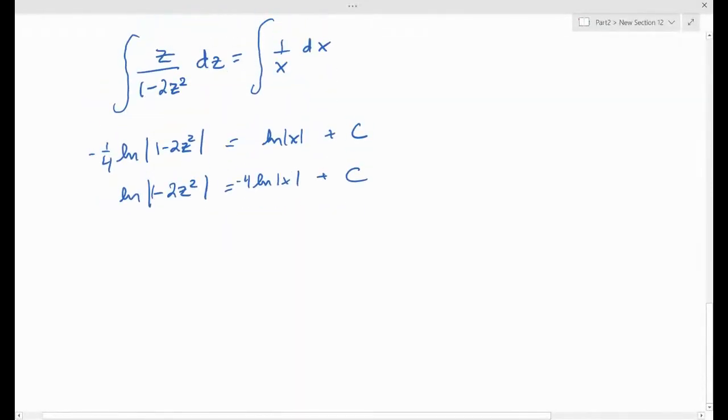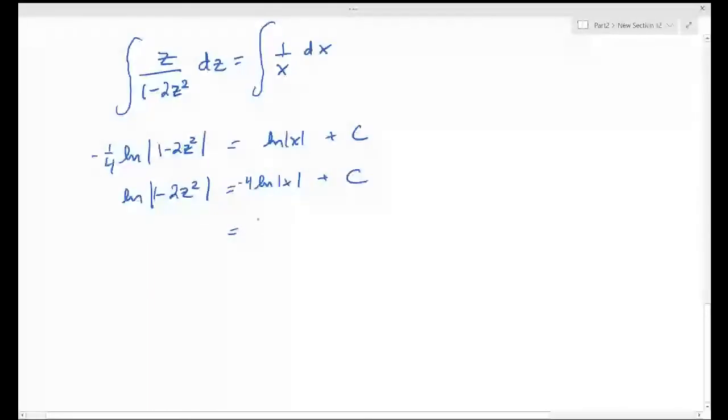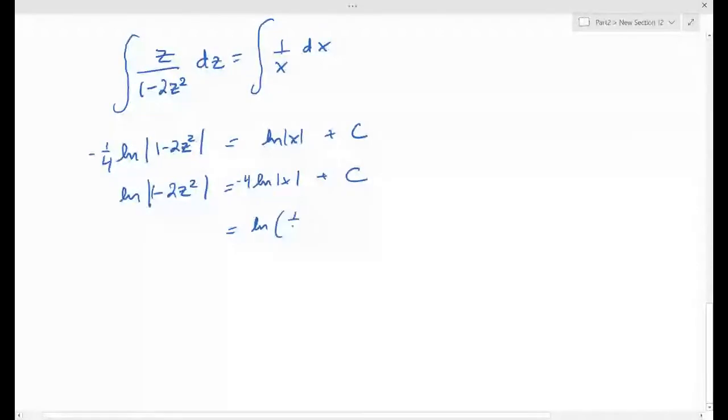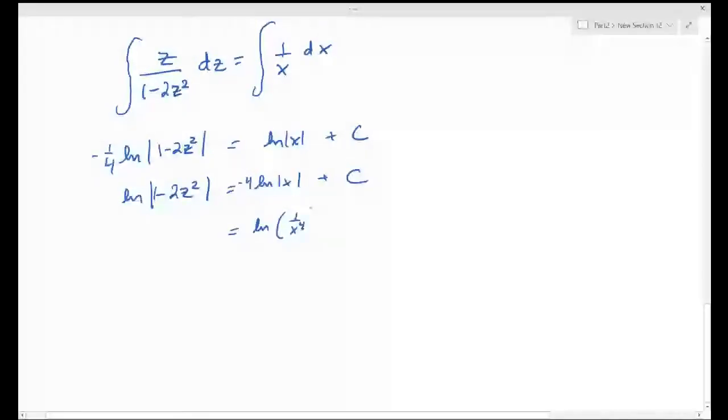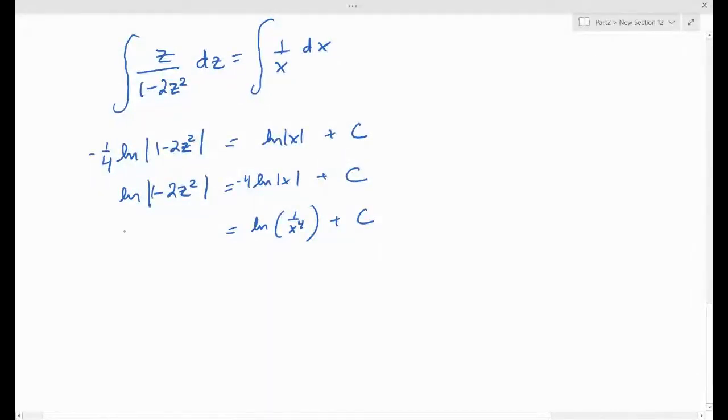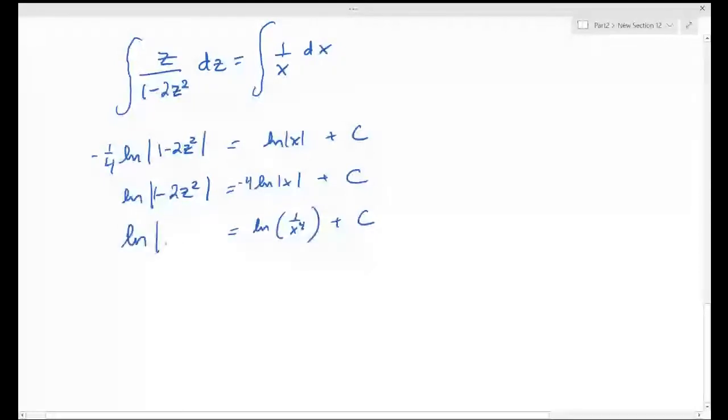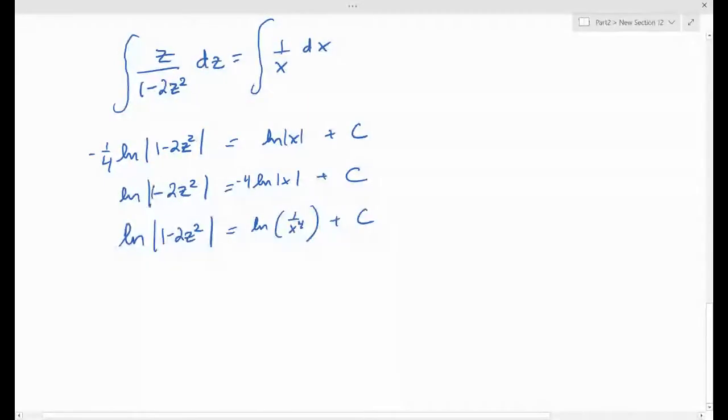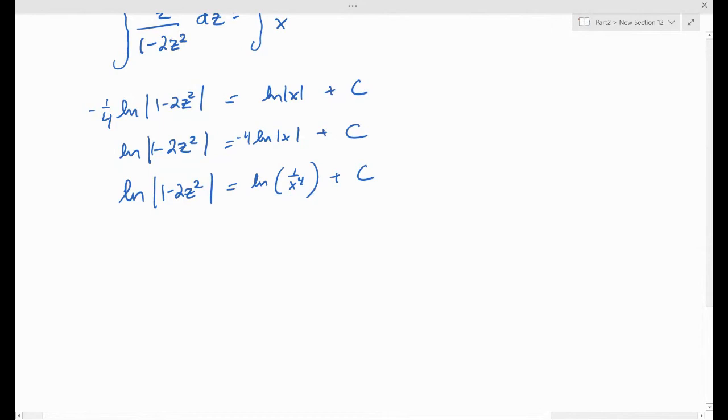So we're just going to lump the constants along and use properties of logs, rather. And then we would get rid of the log by exponentiating both sides.